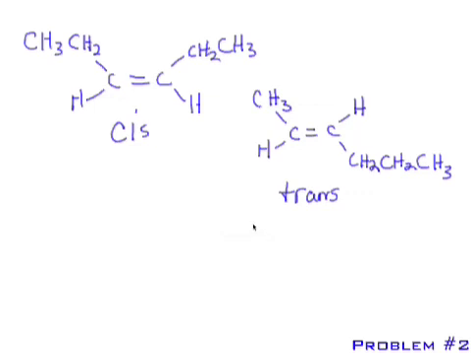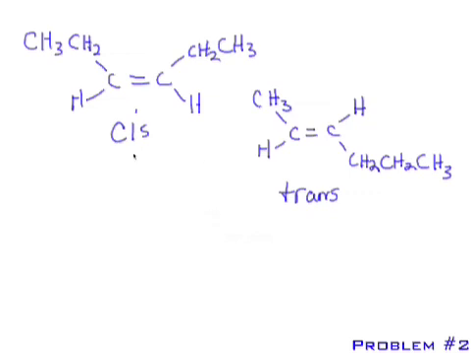Now, what's interesting is you've got to look a little deeper. You really should look at the IUPAC name just to make sure. For these to be geometric isomers, they must both have the same IUPAC name. They have to have the same structure. They just have to have a difference due to hindered bond rotation. But if the structures are different, yes, one could be cis, one could be trans, but they are not the cis-trans isomers of each other.